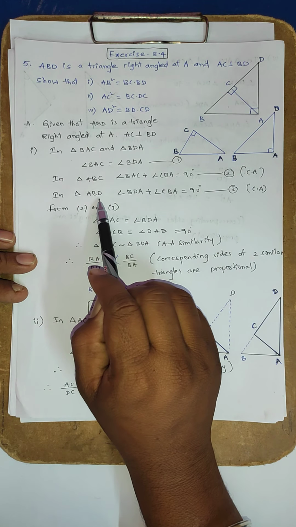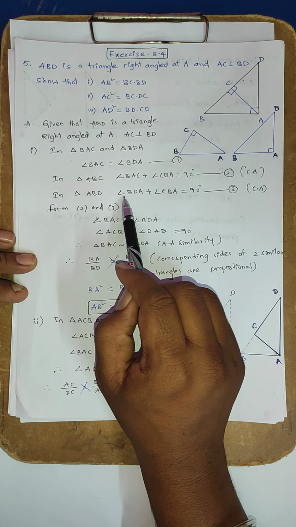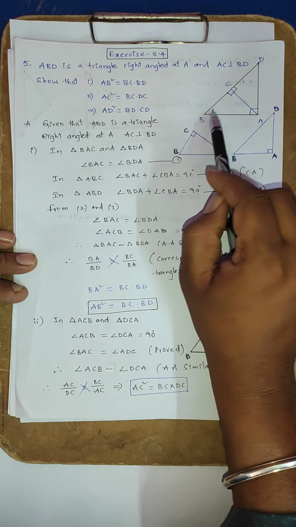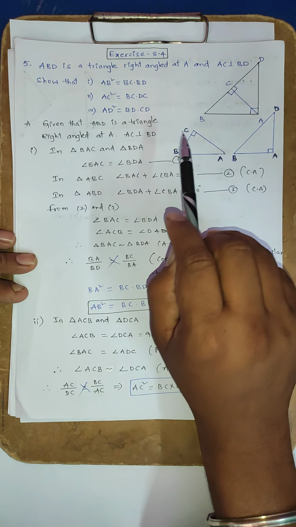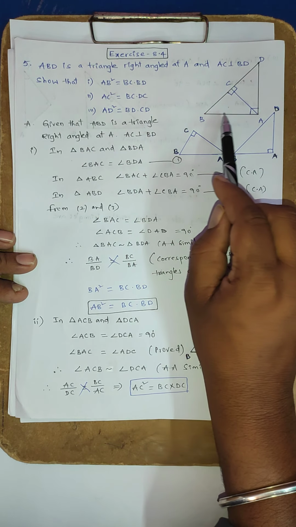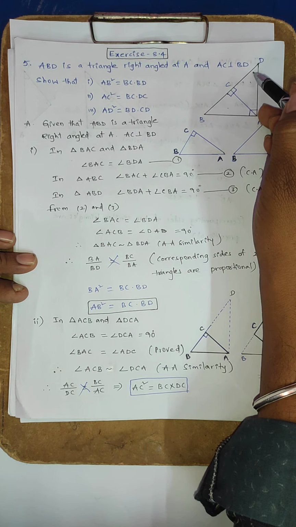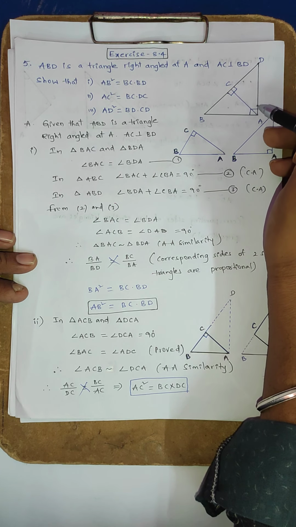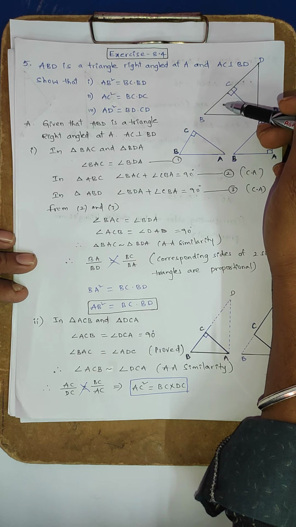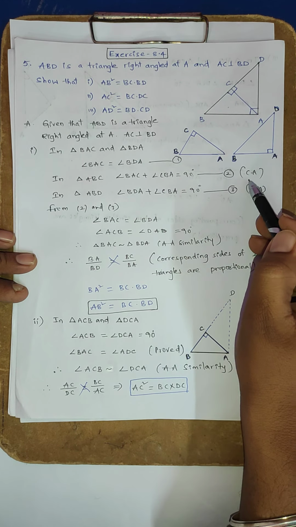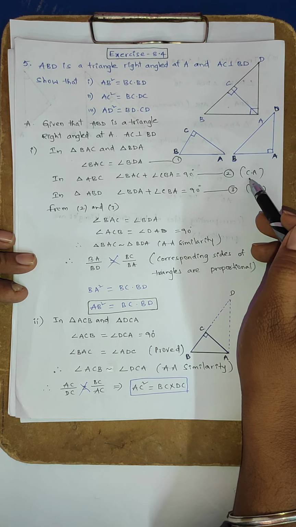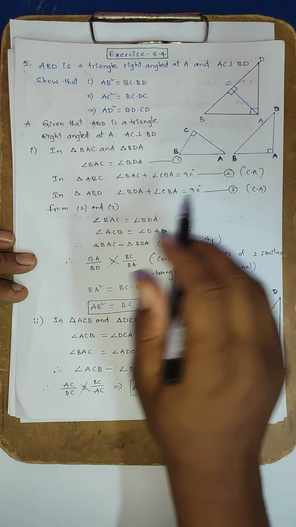Next, in the big triangle ABD, angle BDA plus angle CBA, this acute angle, with the remaining angle 90 degrees, so the sum of these two angles is 90 degrees. These are complementary angles.